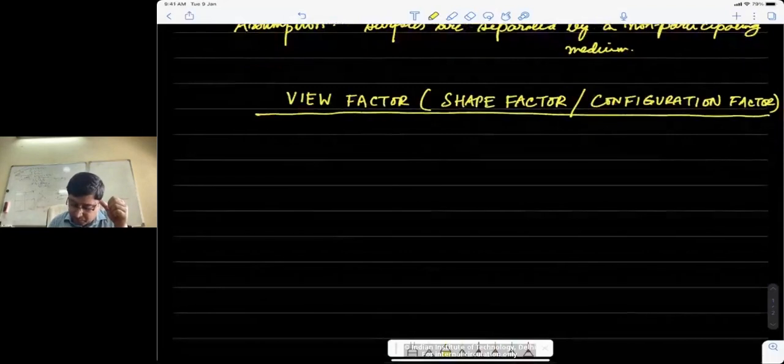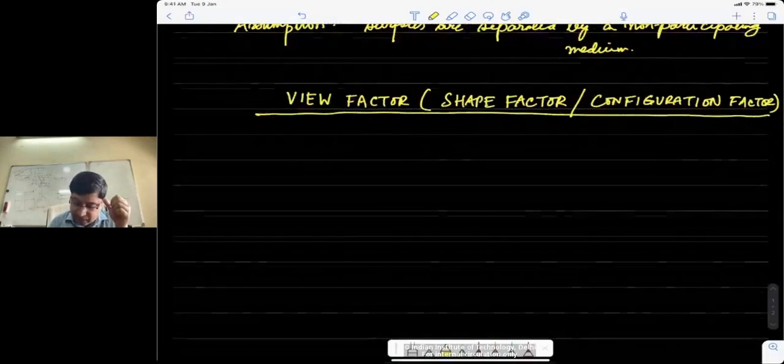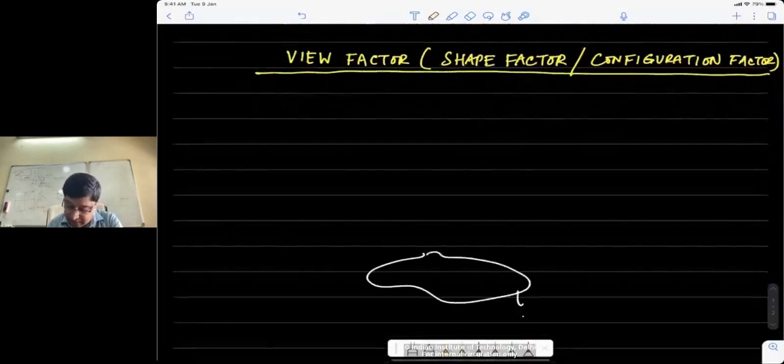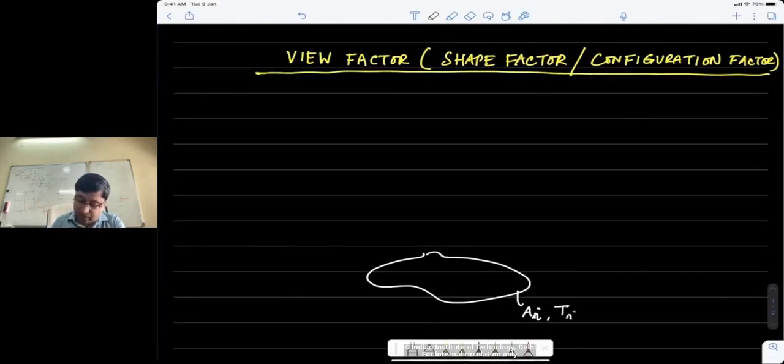So the problem is actually quite simple in this case. Let's say you have two surfaces, two arbitrary surfaces. Let's say one is here. This is surface Ai, to keep it general, because we'll have n number of surfaces, and let's say its temperature is Ti. I can draw the normal vector for this surface, which is, let's say, Ni vector.